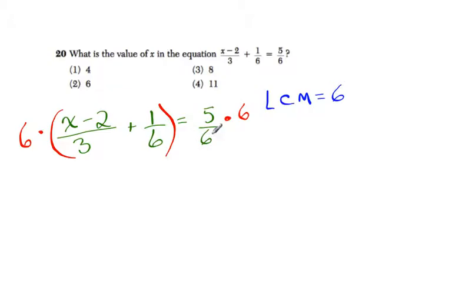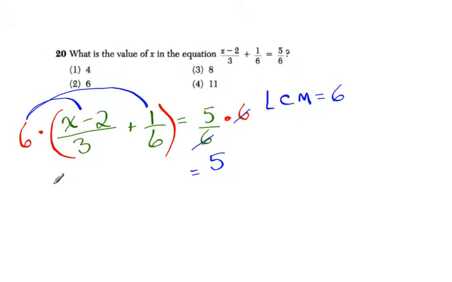So on the right hand side, 6 divided by 6, where you can cross cancel, is just going to leave us a 5. So in other words, 5/6 times 6 just becomes 5. On the left, we're multiplying both of those fractions by 6. With the first fraction, we're going to have 6 up top and a 3 on the bottom.